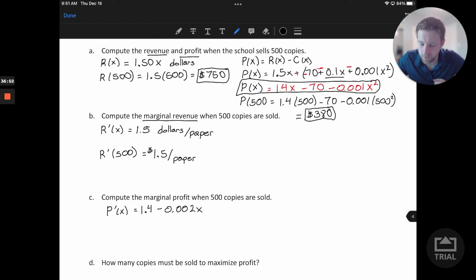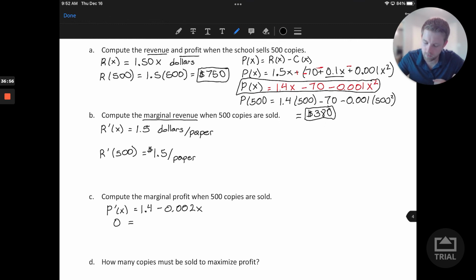We go ahead and consider setting this equal to 0. Actually, not setting this equal to 0. We just want to consider the marginal profit when 500 copies are sold. So we just want to do P prime of 500. So P prime of 500 will have 1.4 and then minus 0.002 times 500.